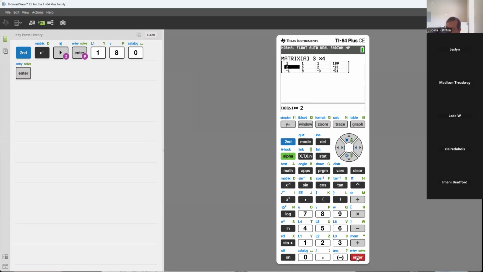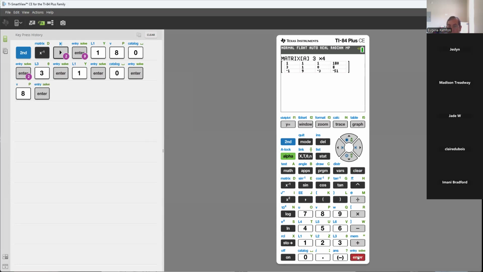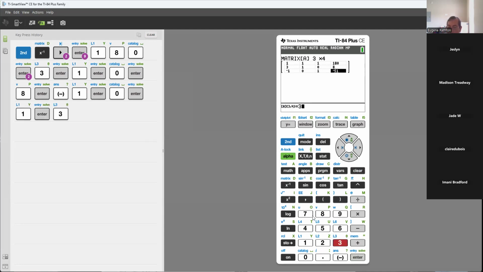You had negative 3a plus 1b, 0c equaled 8. Then on the last row, I had negative 1a, 0b, 1c equaled 37.